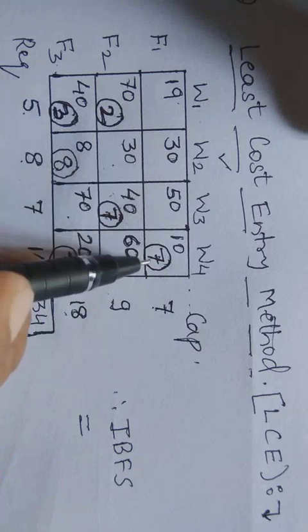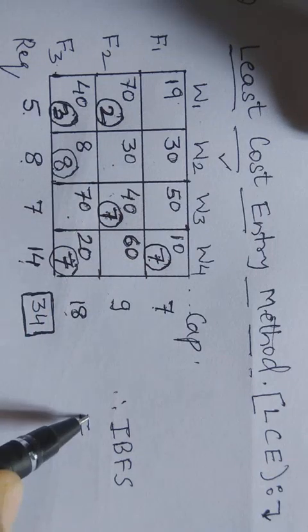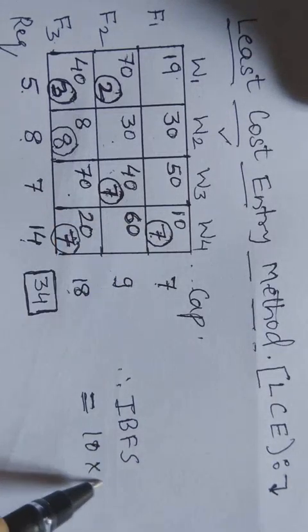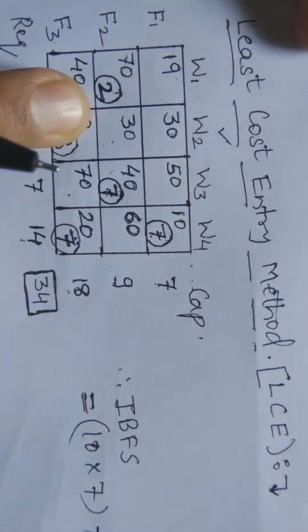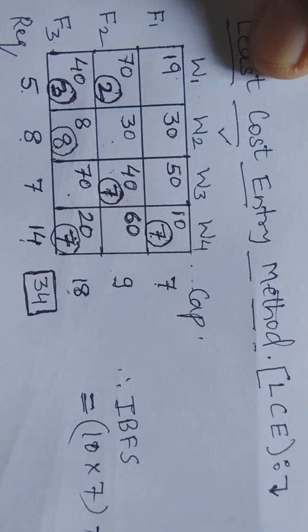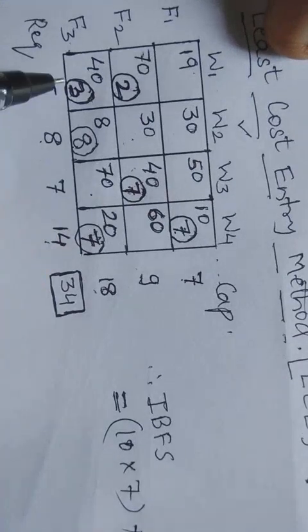Once you do the allocations, the initial basic feasible solution is equal to what? 10 into 7 plus 70 into 2 plus 40 into 7, then 40 into 3 plus 8 into 8 plus 20 into 7.